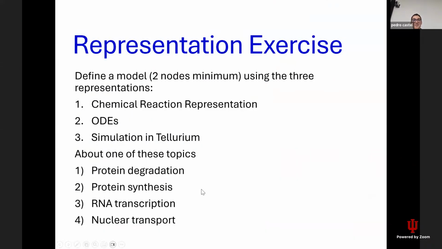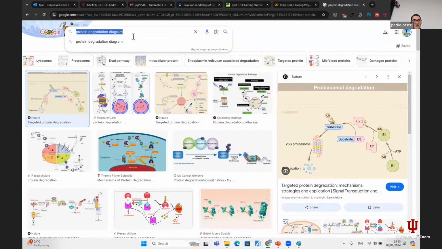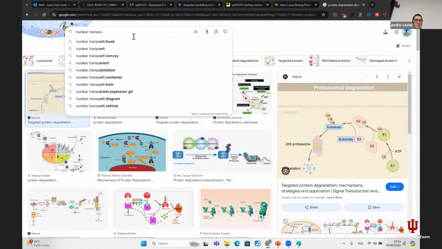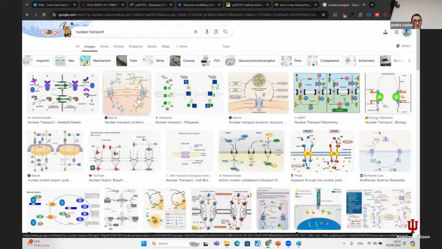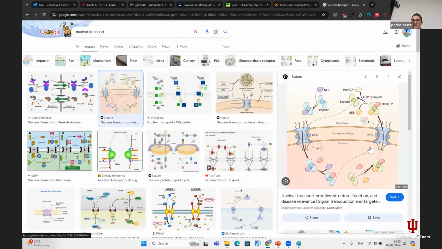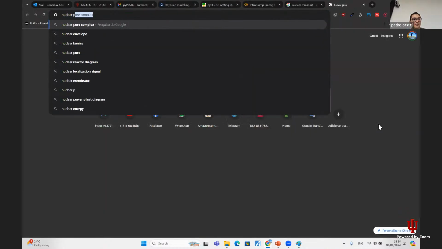And nuclear transport is a very interesting one. Let's take a look at some diagrams. This one is a good one. The nucleus has these nuclear pore complexes, NPC, which stands for nuclear pore complex.